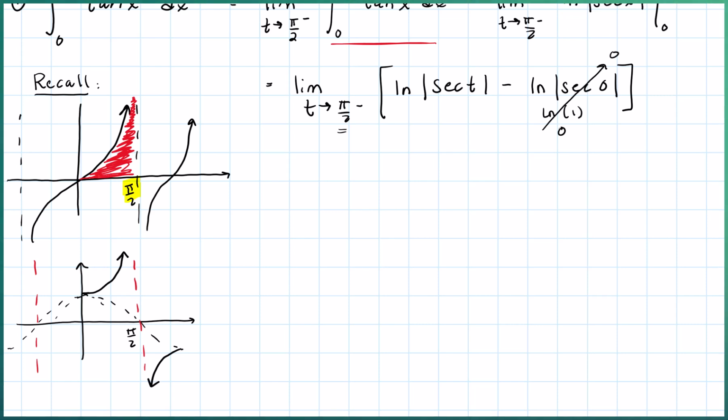So as we're approaching pi over 2 and coming from the left, the secant is approaching positive infinity. Another way to think of that, you could also think of this as the natural log of 1 over the cosine of x. Well, the cosine is approaching 0, but it is approaching 0 in a positive manner.